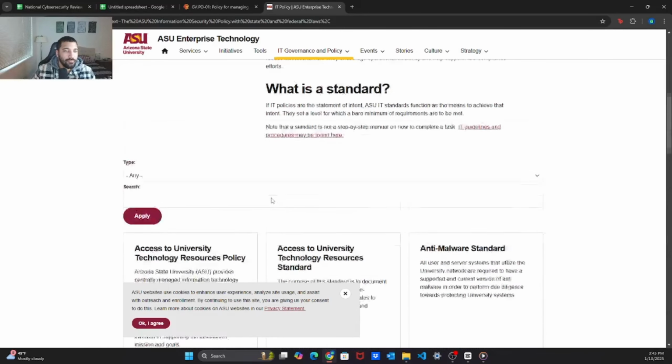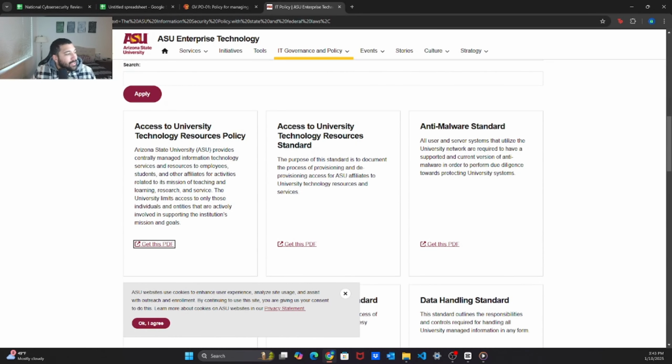Okay? And so going back to ID.AM-1, which was the asset management 1, which was the physical devices, we can see here it's the first thing. Access to University Technology Resource Policy. So we click that. Boom.